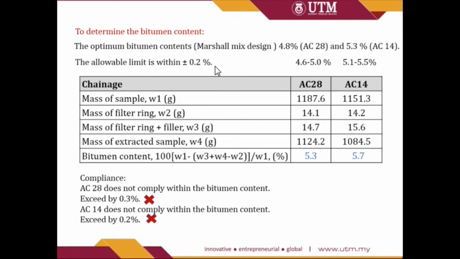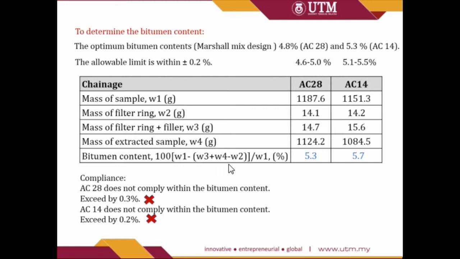According to the specification, the allowable limit is plus minus 0.2%, meaning that for binder course, the allowable bitumen content is between 4.6 to 5%, and for wearing course, the allowable limit is between 5.1 to 5.5%.